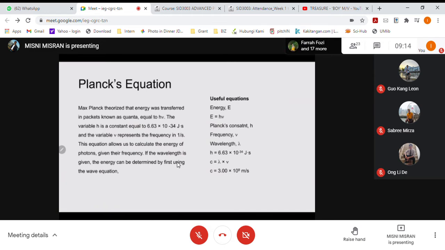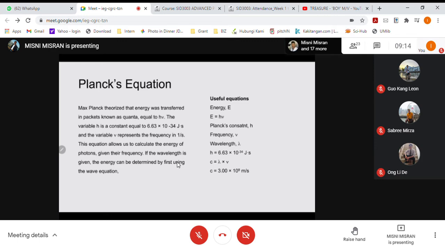Right now, the Planck equation. If you look at the Planck equation, basically this one is describing how we calculate the energy of radiation. So we have E, and h is the Planck constant. So this constant, I think, much better you remember.